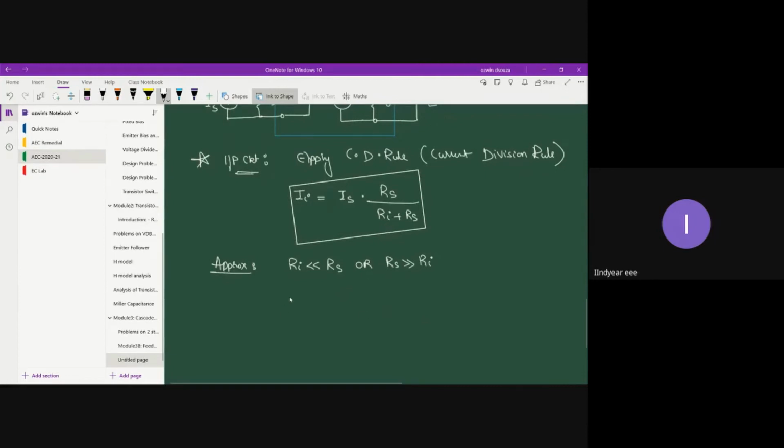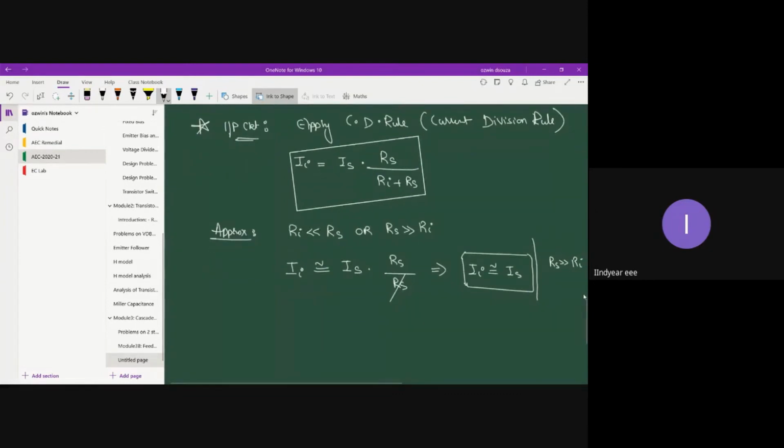If that's the case, your input current Ii can be written as Is into Rs divided by Rs. That's because Ri is negligibly small, and therefore you will get Ii approximately equal to Is itself, provided your source resistance is very large in comparison with the input resistance. So that's from the input circuit.